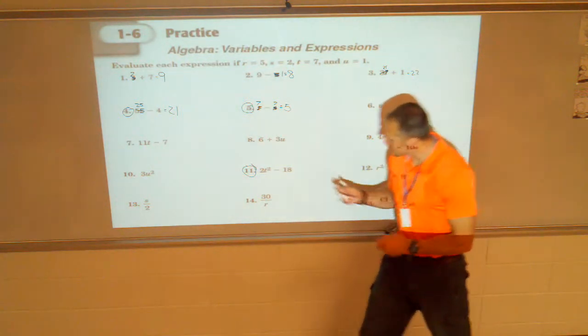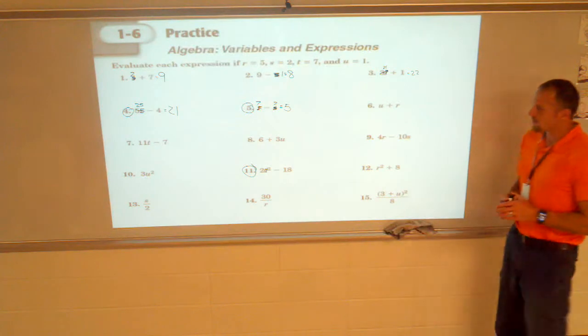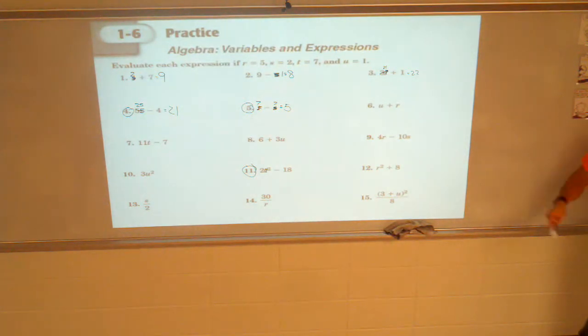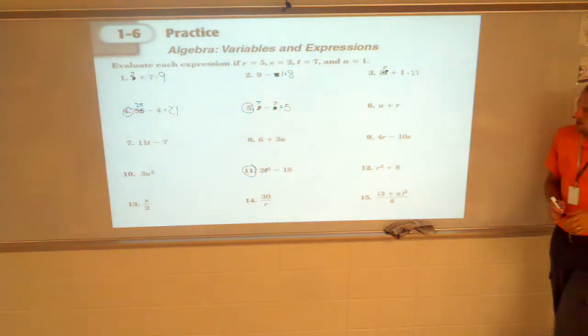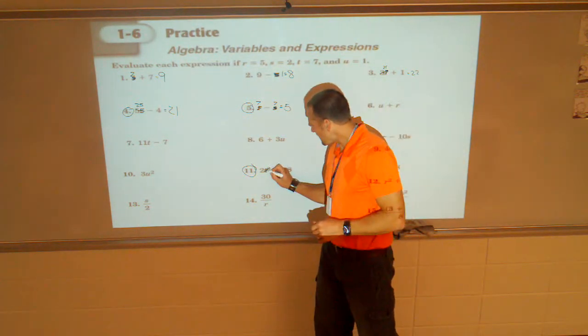T is 7. So sub 7 in for T. Now from here, honestly, if I'd have given you this problem during order of operations, you'd be like, this is so easy. But, you forgot. Gavin, are there any parentheses? No. Are there any exponents? Yes. Work it left to right. 7 squared is? 49.